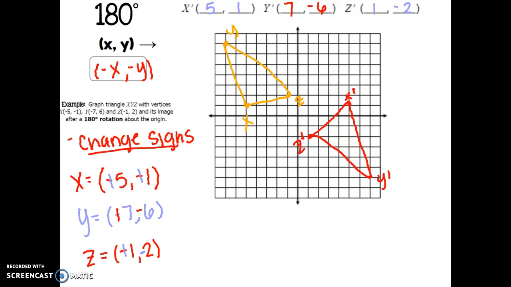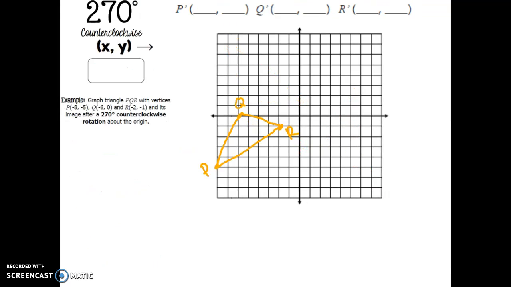And then finally, let's move on to 270 degrees counterclockwise. The rule for that states you have your coordinate (x, y), it gets rotated 270 degrees, and then it becomes (y, -x). So this is similar to our 90 degrees, but we kind of go the other direction.